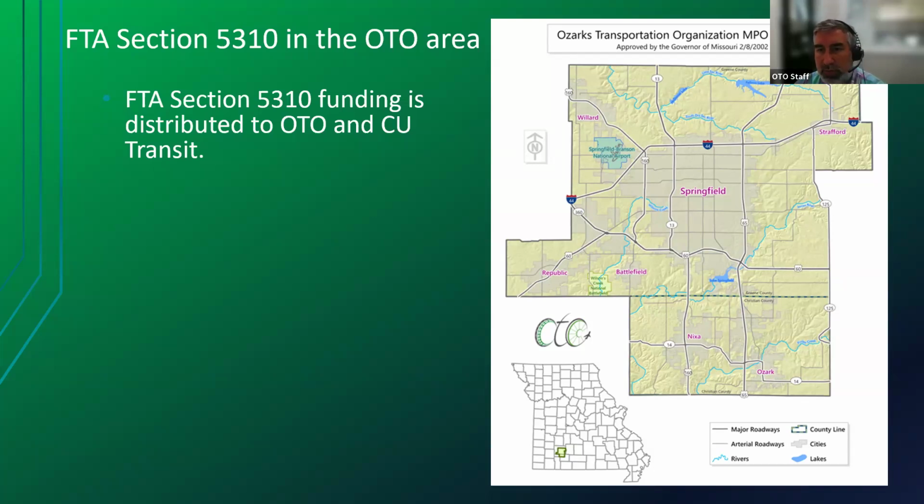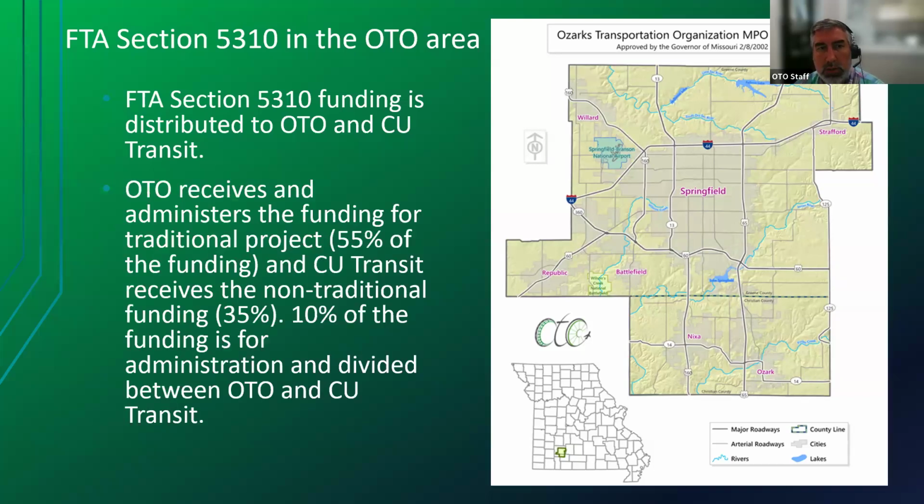The other part is there's some funding that goes directly to CU Transit. So we administer the traditional funding. 55% of that annual funding we get from the Federal Transit Administration goes to us, and 35% goes to CU Transit for non-traditional projects. And again, I showed you earlier the guidance, that's where all those projects are.